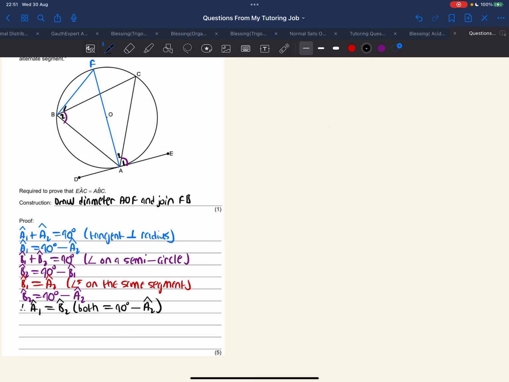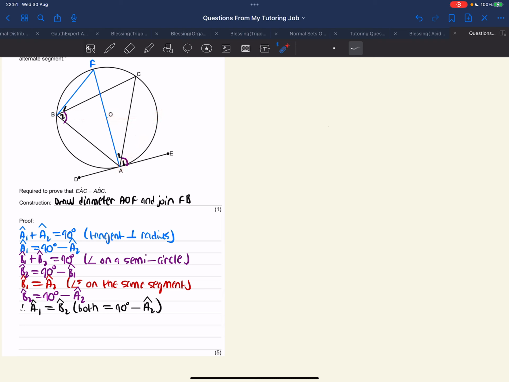Now the second method that you could have done, instead of constructing line AOF and then connecting it to B, you could have constructed line BOF and then going the other way to solve it.